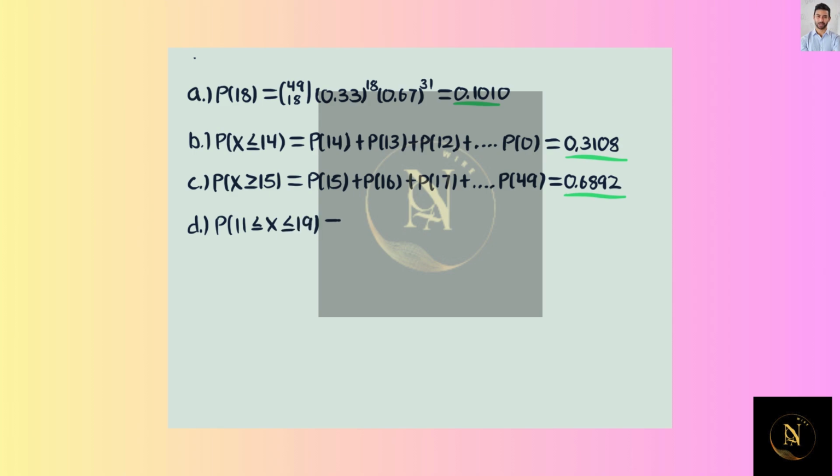Remember, this is inclusive, which basically equals the probability of X being less than or equal to 19 minus the probability that X is less than or equal to 11. So we have to find these two probabilities individually using the same method from above. We're going to start with finding the probability of 19.